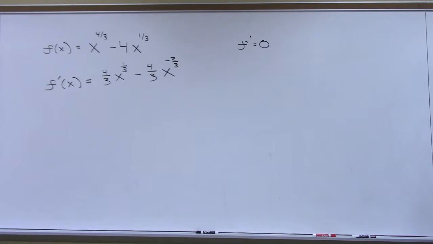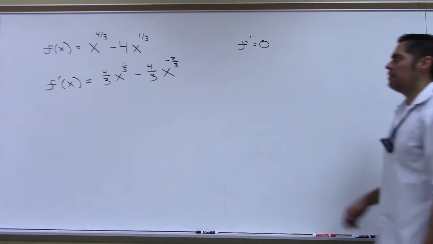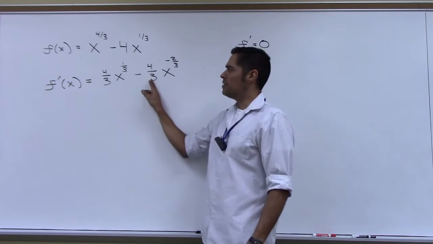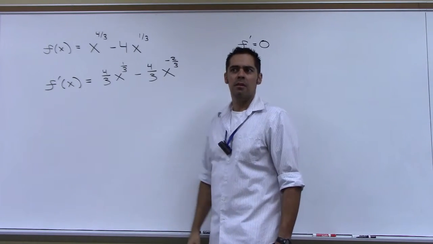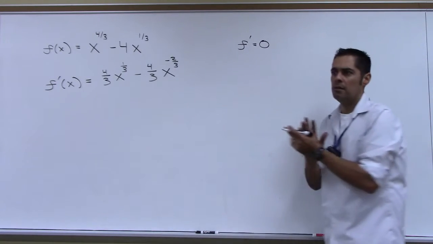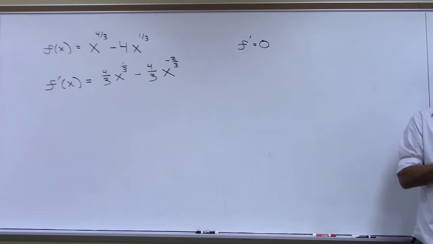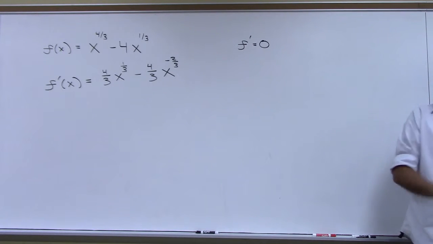So I think I'm going to stick with my way of doing it, only because if this was like 4/5 and that was like 7/3, you couldn't factor something out. So we may as well do it in a way that would work if those didn't factor out.